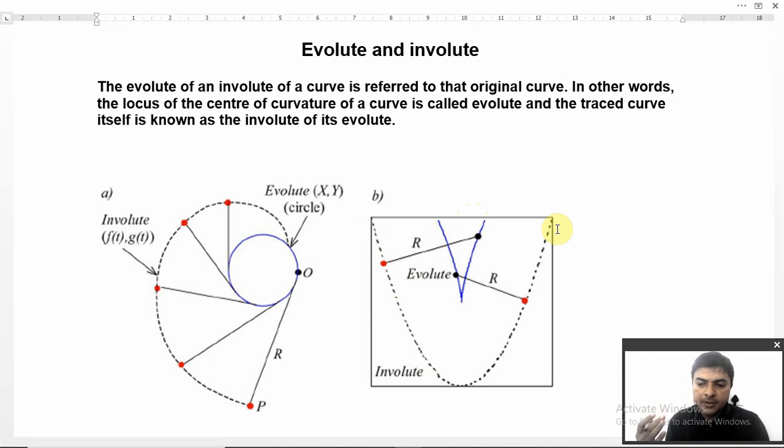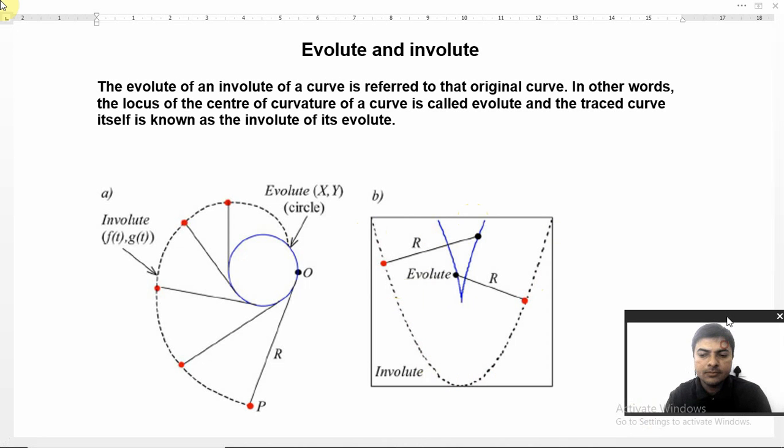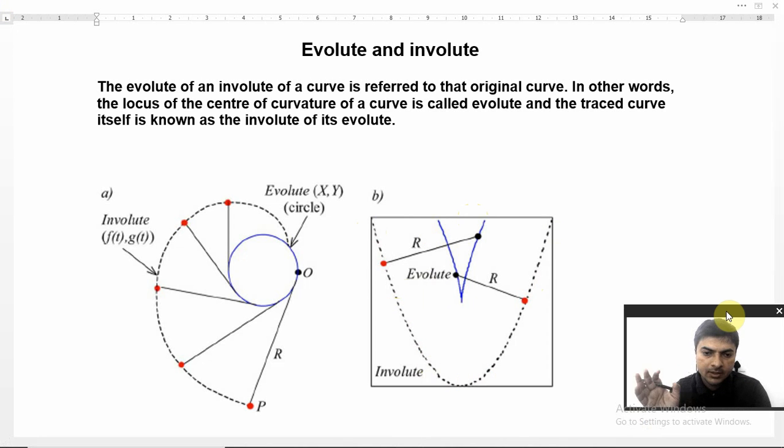Suppose the curves are very different, then in those cases we cannot depend only on sine, cos and different functions. Instead of that we are going to use evolute and involute, which have a large number of applications.